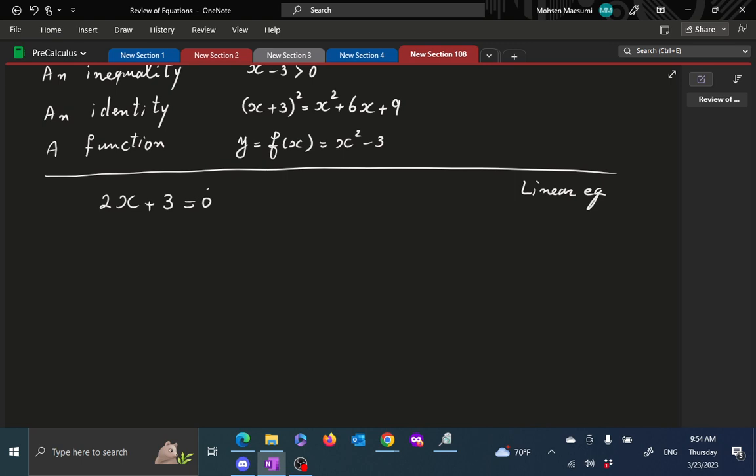So in preparation for calculus, you want to be quick in saying that x is minus 3 over 2. So if you have an equation like ax plus b equal to 0, with the quantity to look for being x, and a and b are some parameters like this 2 and 3, it should be immediate to you that x is minus b over a.